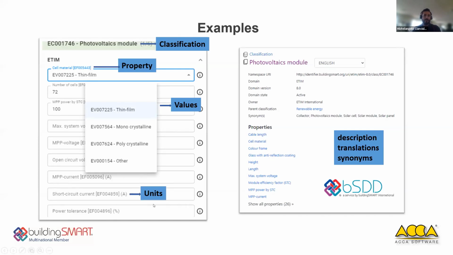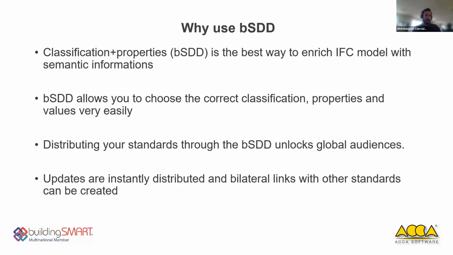Also, we have the units of measures that can be specified for each single property. And so all of this, why one should use the bSDD?